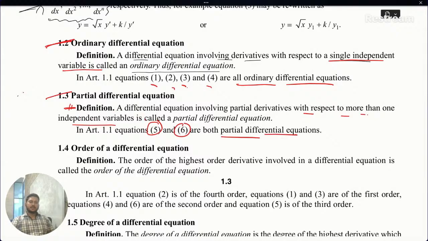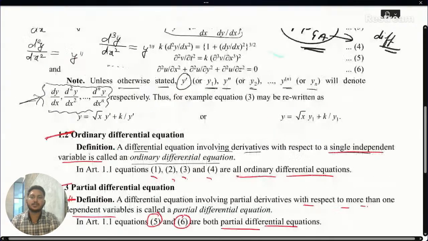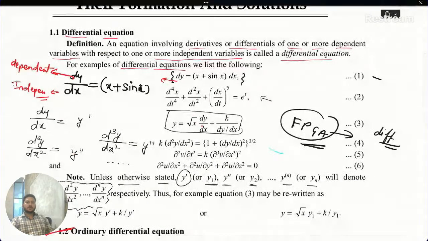A PDE involves partial derivatives with one or more independent variables, while an ODE has a single independent variable. So dy equals x plus sin x dx is an example of ODE, also ODE, also ODE, and these two are PDE type.